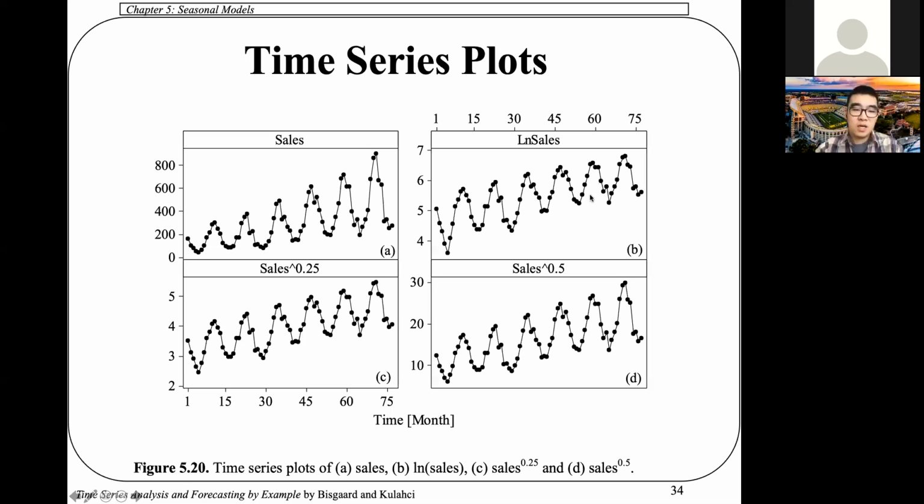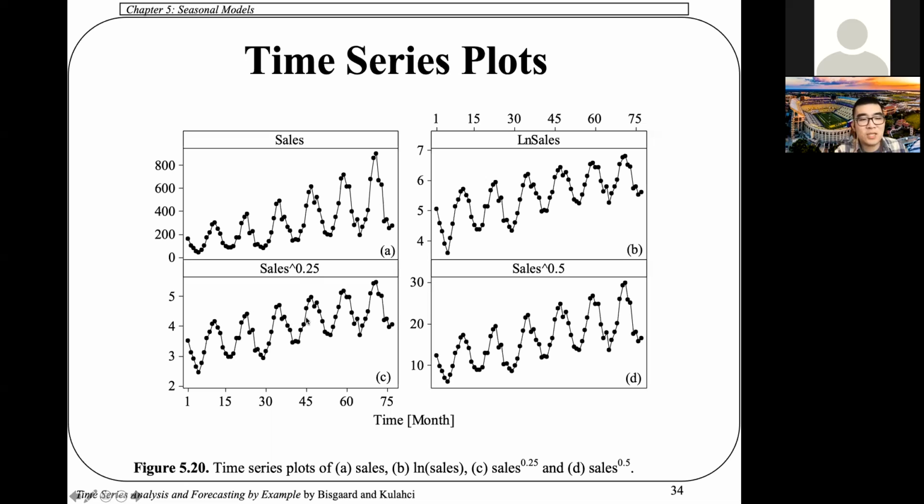And for the square root transformation, it also does not take care of the data very well, the variance is still increasing. It seems to me that the sales to the power 0.25 transformation is perhaps the best transformation.